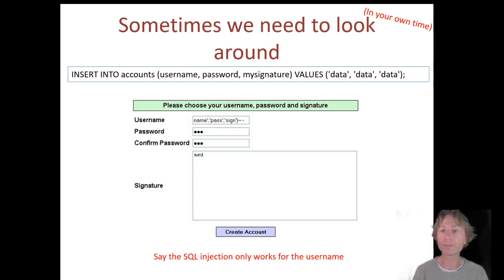We provide the values in the first field for the username, the password, and the signature. And we don't really care what is here because we use this dash dash space dash to ignore everything that follows these three values. And hopefully these three values will be used to initialize the password and the signature.